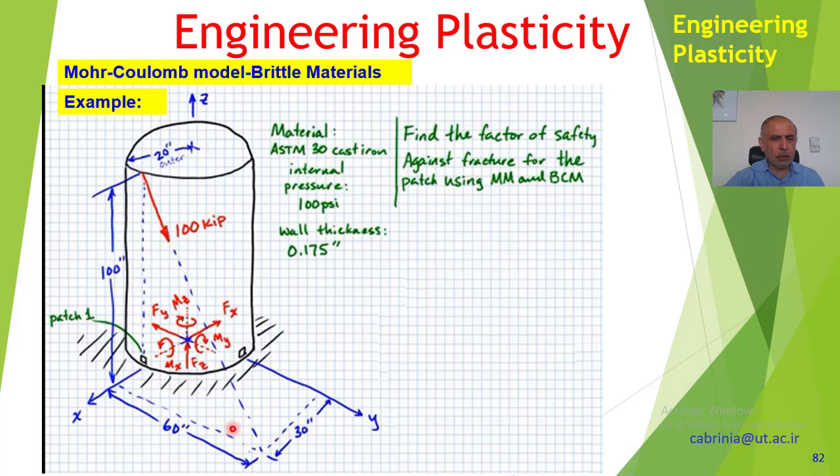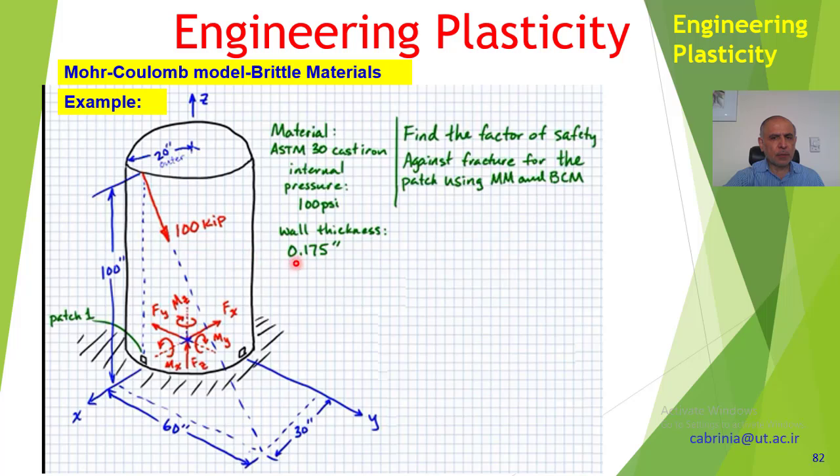This is the load applied to the cylinder, which is 100 kip in this direction, 60 inches, 30 inches on the XY plane, and there is 100 psi pressure applied inside the vessel. The material is ASTM 30 cast iron, so it's a brittle material.